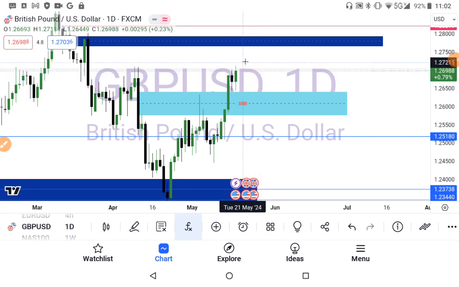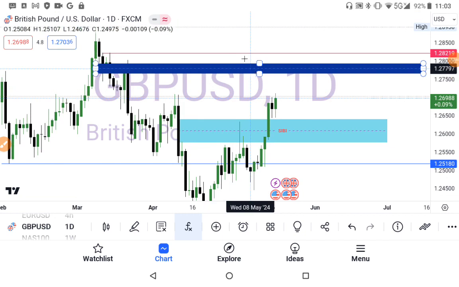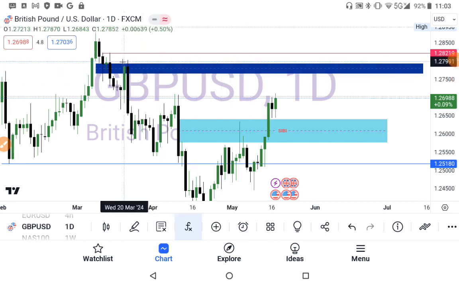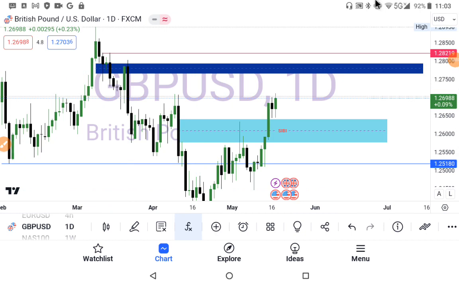So the next I'll be watching will be a possible movement into this area here, a possible movement into this high. I'm expecting this high to be taken, but the low hanging fruit I have on GBP USD will be 1.27500, 1.28 thousand, and 1.28219.